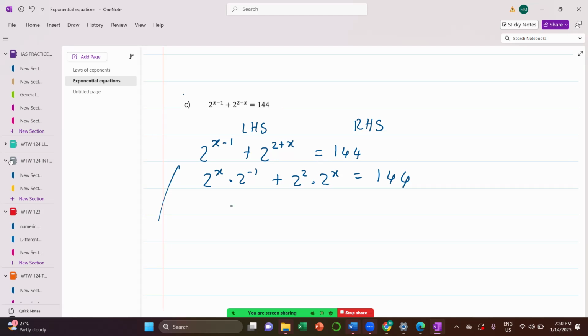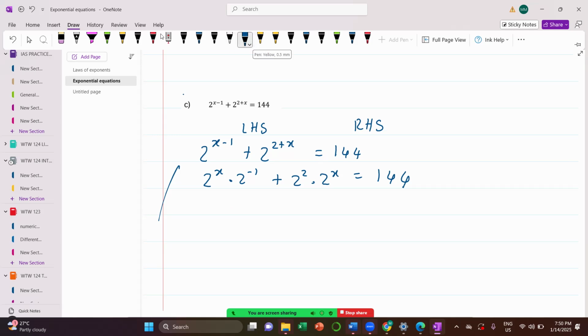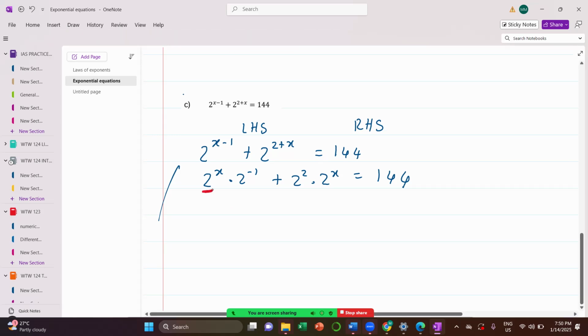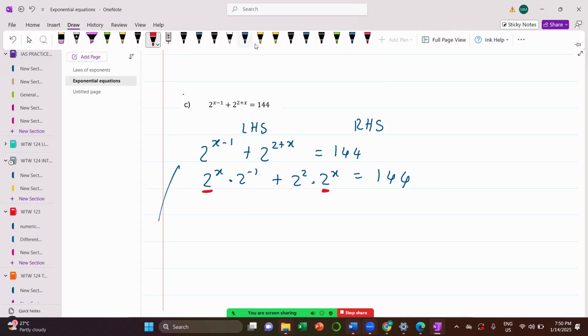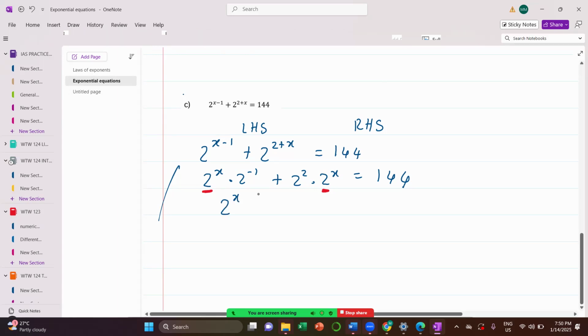So now you notice that I have this highest common factor of 2 to the exponent of x. So I'm going to take it out. So I'm going to have 2 to the exponent of x all into 2 to the exponent of negative 1 plus 2 to the exponent of 2, all equal to 144.